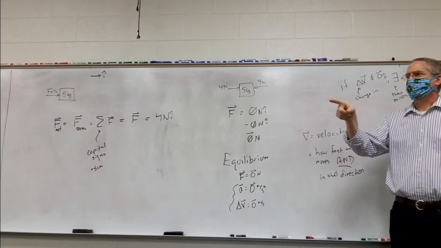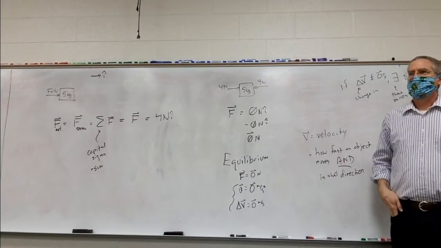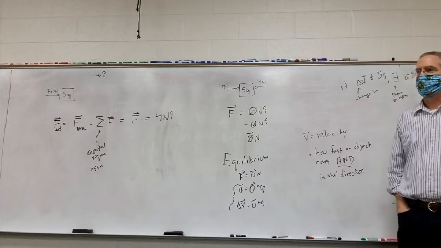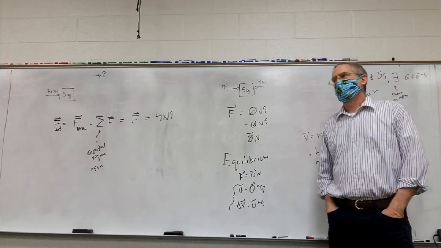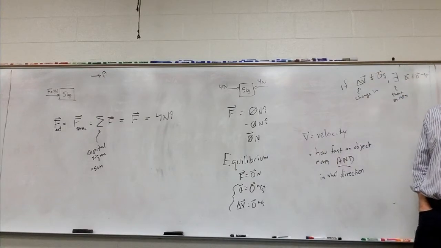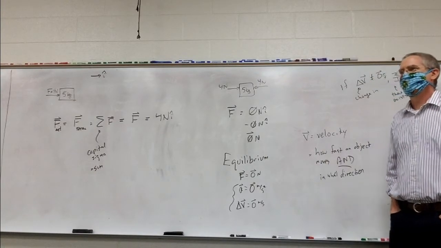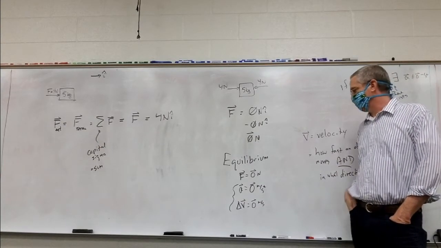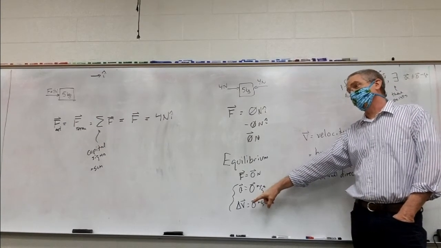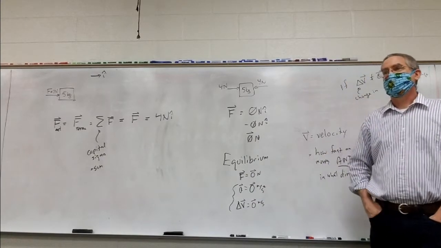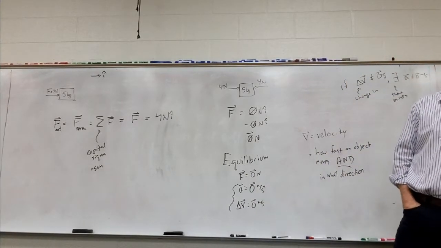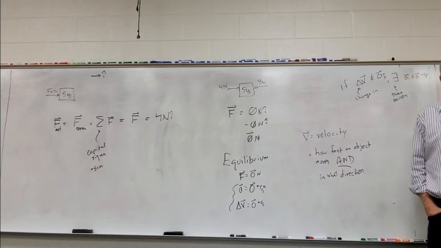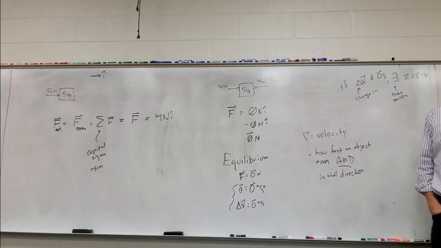Yeah, it's not moving. Why do you assume it's not moving? We can't see it move. Because if the acceleration is 0, then the velocity... No. Change in velocity is 0. This is the point of this. Equilibrium says nothing about how fast an object's moving.